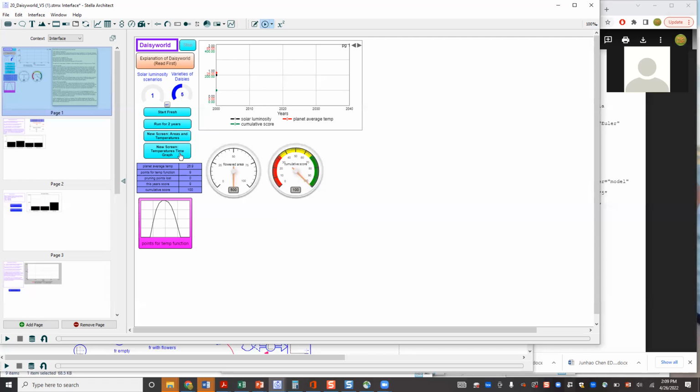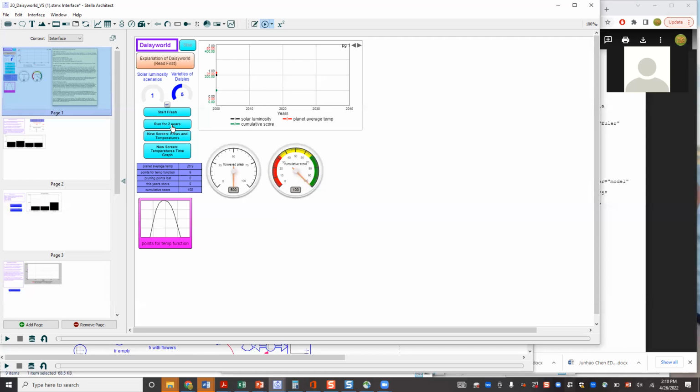Now these buttons here are just buttons that can do different things. This model is set up so that it actually runs for finite little blocks of time. So if I click the run for 2 years button, it's going to run for 2 years, and then it's going to stop and wait.